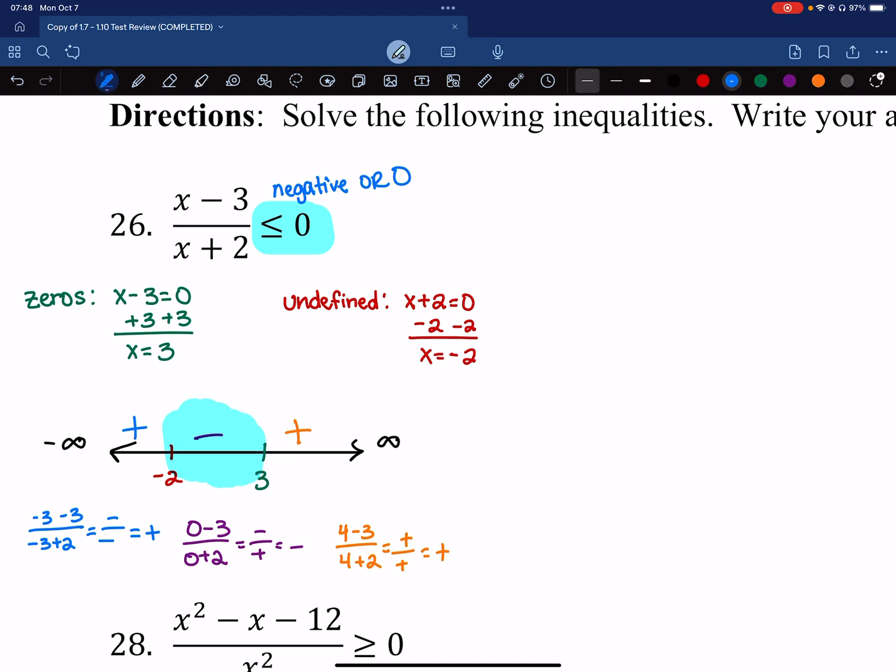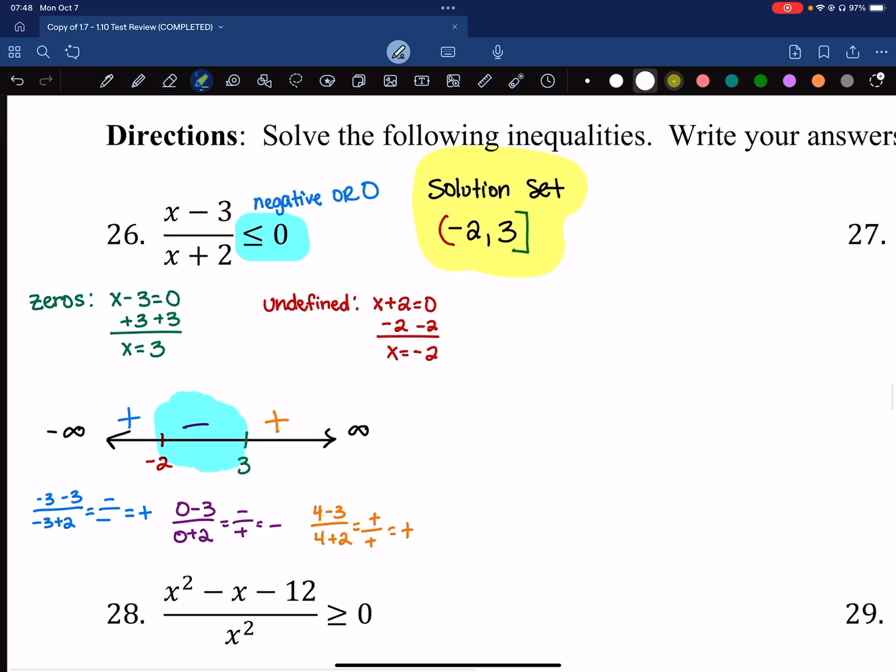Now, when we write our solution set in interval notation, that means we're starting at negative 2 and we're going to 3. Negative 2 is undefined. Since it's undefined, it gets a parentheses. 3 is a 0, and we want it to be negative or 0, so it's going to get a bracket, and that would represent our solution set.